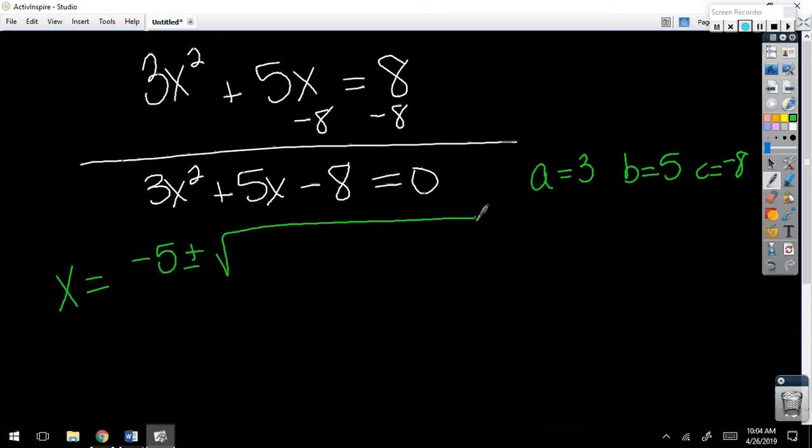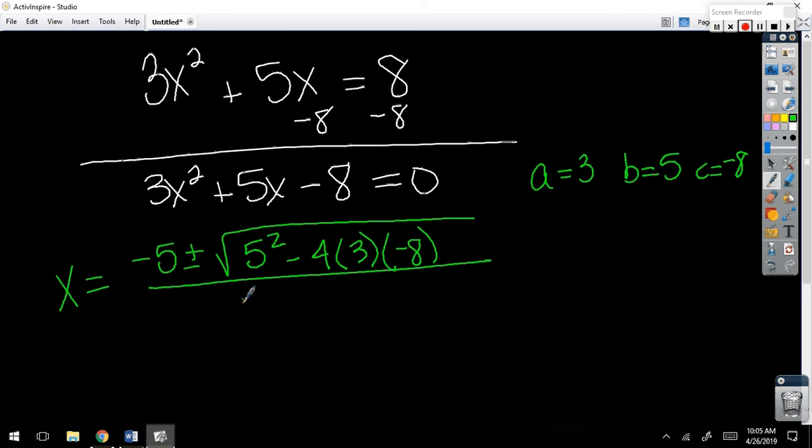So, look at the formula on the board. B squared minus 4 times A times C, all over 2 times A.